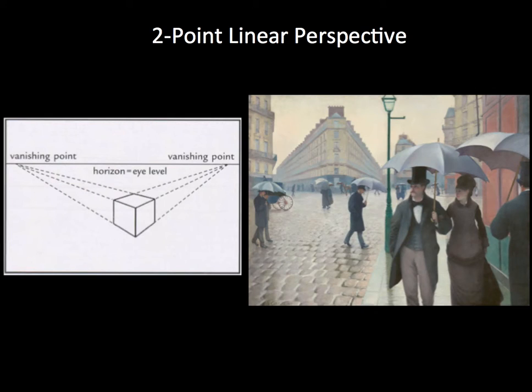Now, that's not going to work with all objects, because not all objects are necessarily going to be directly in front of us. We might get kind of an oblong look at something, or something that's not going to be perfectly parallel with us. And so if we look on the left, that's a pretty good schematic approach to what we're talking about here.